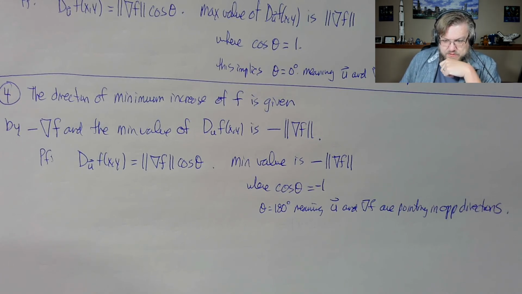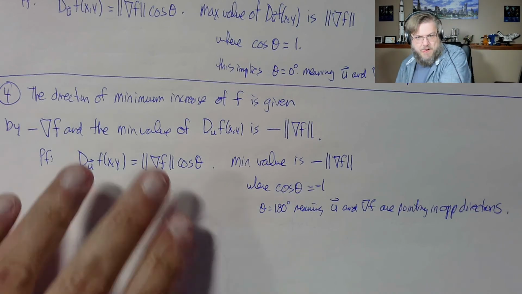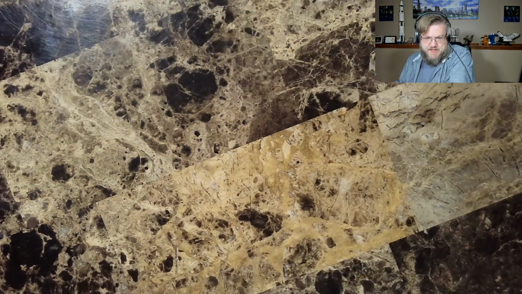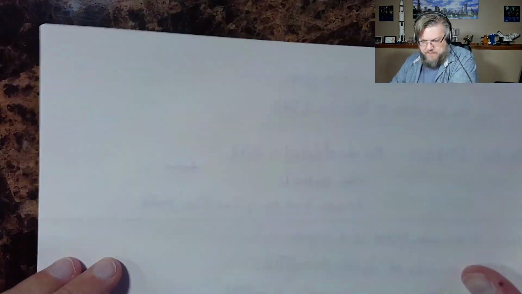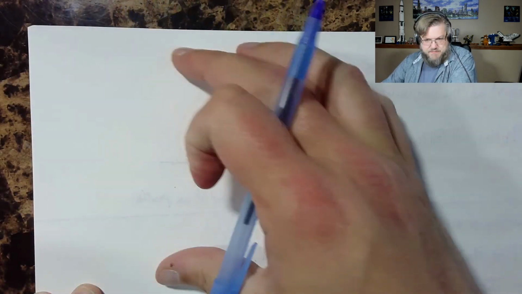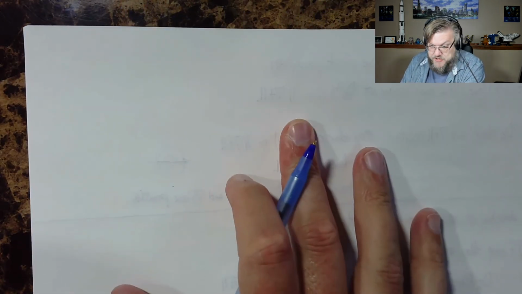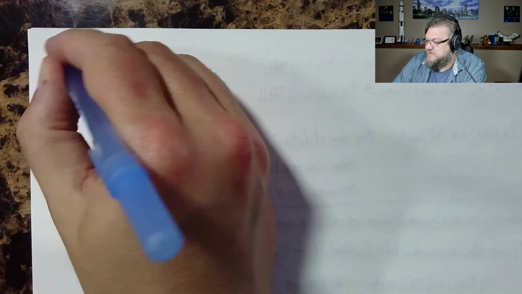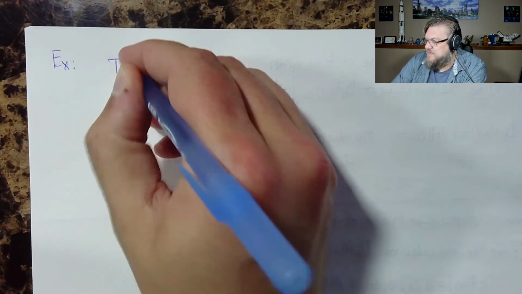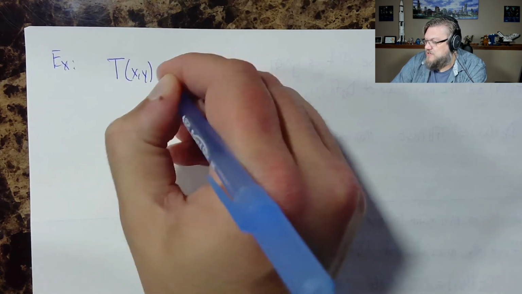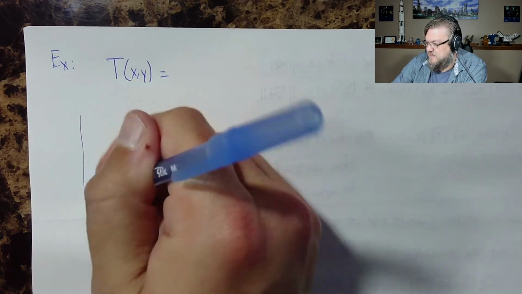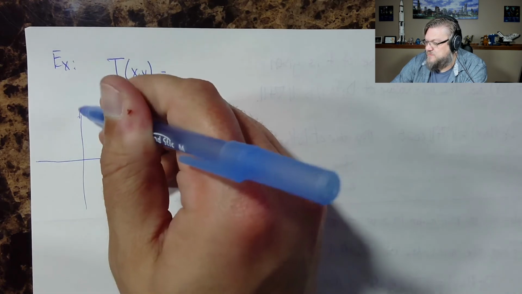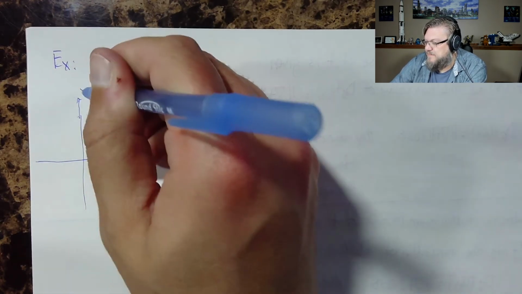All right, so I want to finish this video today by doing an example where I use this a little bit. So suppose I have a metal plate, right? And I have a function that measures the temperature on this plate. You tell me where you're located on the plate, and I can put an XY coordinate system on it.